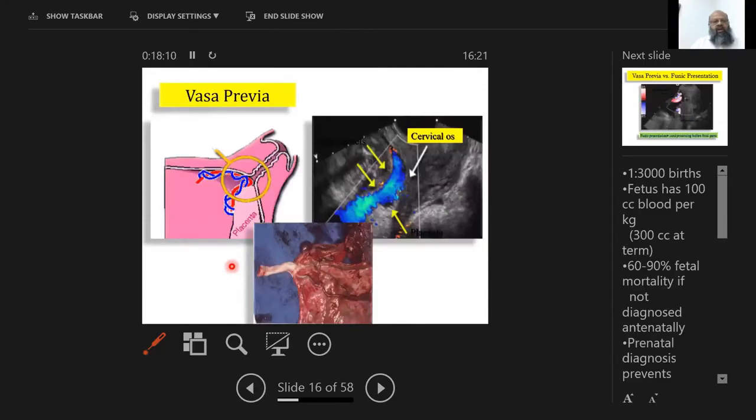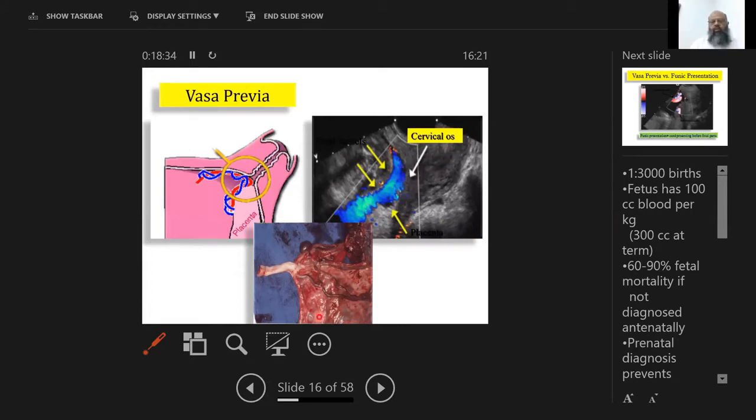Here is another thing. You can see vasa previa, and this is how the vessels are the presenting part. This is placenta, internal os, and here is the vessel on Doppler. You can see the placenta is here, and internal os is here. This is the cervix, and presenting part is this one.